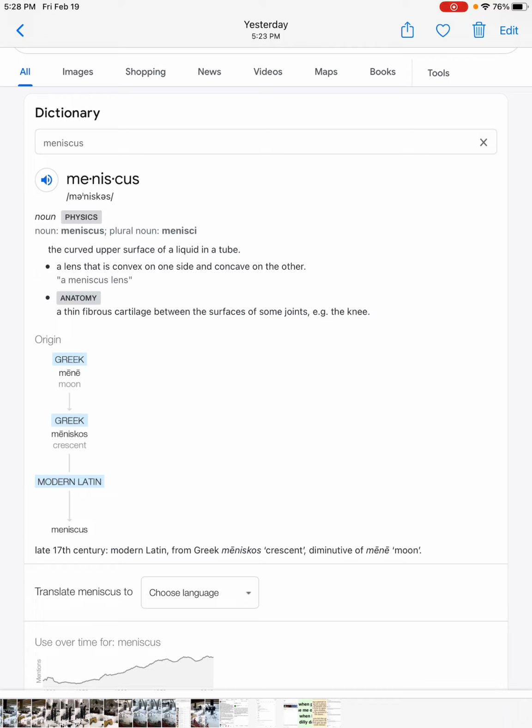It means crescent, and by the way, the plural is not meniscuses, it's menisci, just like radius and radii and hippopotamus and hippopotami, you have meniscus and menisci. So its actual origin is the Greek word for moon.